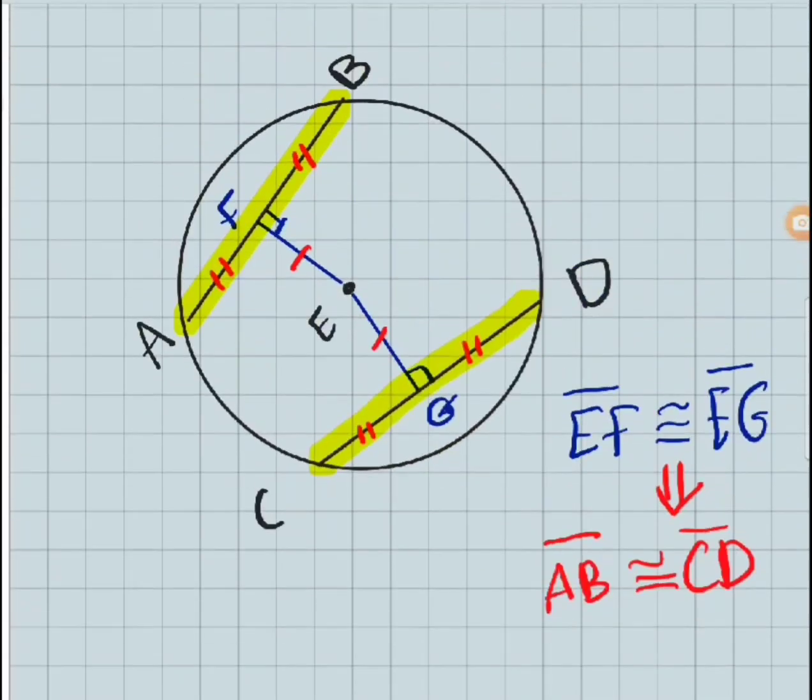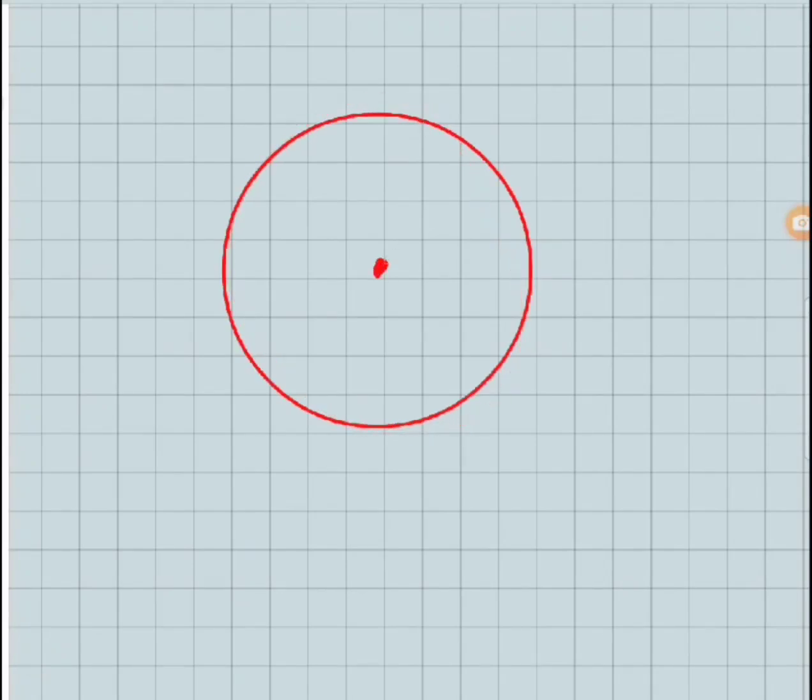Now let's talk about arcs and central angles. So let's say that point is the center. So let's call this A, B, C. So we have a circle with center B. Now, angle ABC is known as a central angle because the vertex is on the center of the circle.